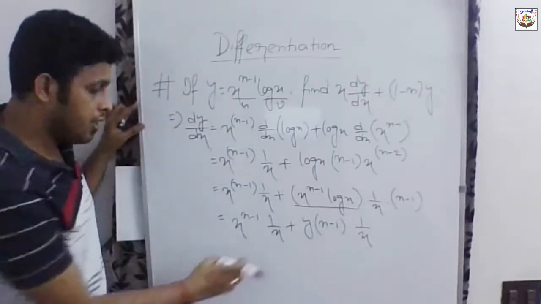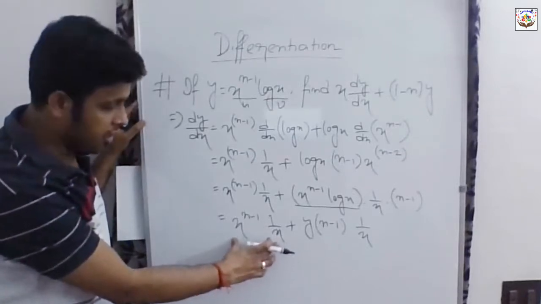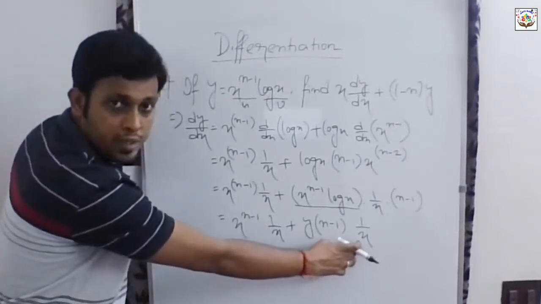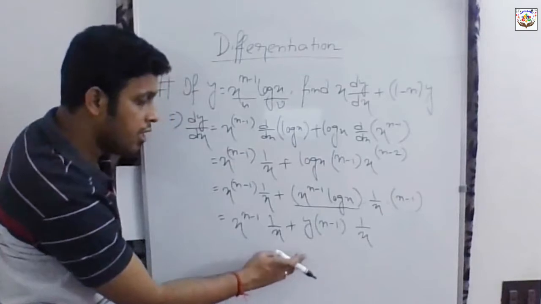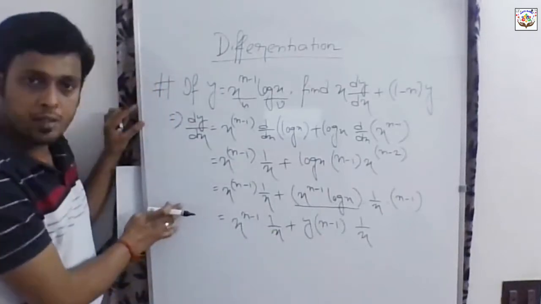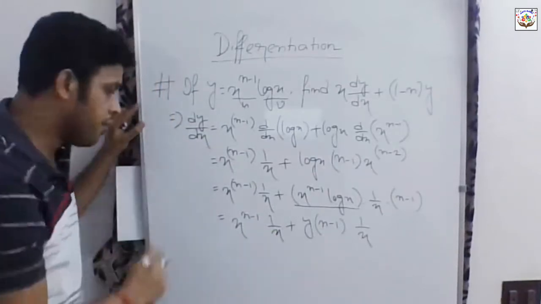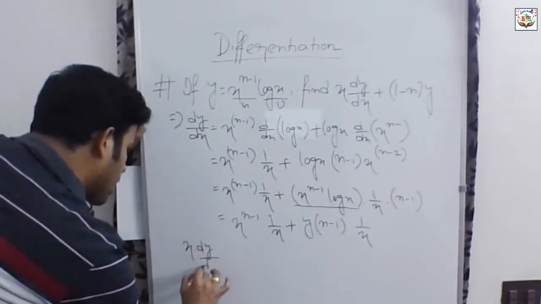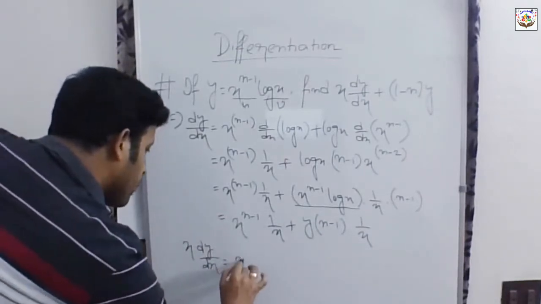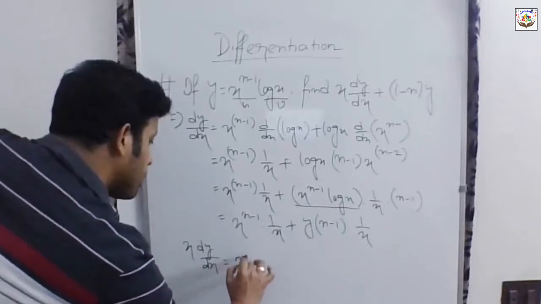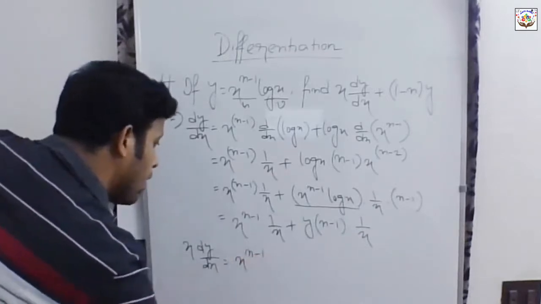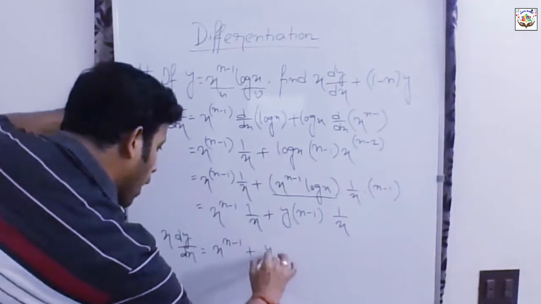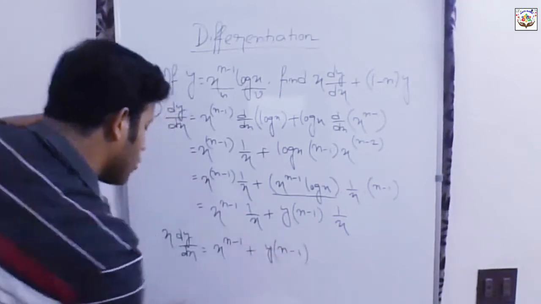As you can see, there is a 1 by x part in this section and a 1 by x part in this section. So we can easily cross multiply it to the left hand side where dy/dx is, right? So can we write x dy/dx equals x to the power n minus 1 plus y into n minus 1.